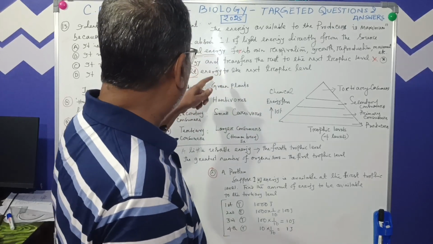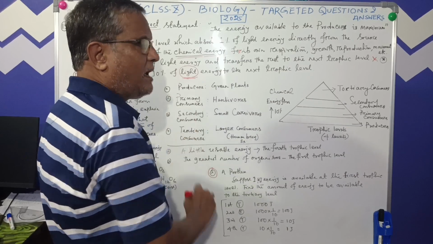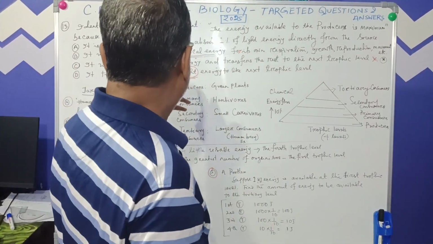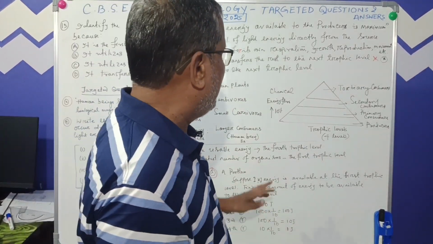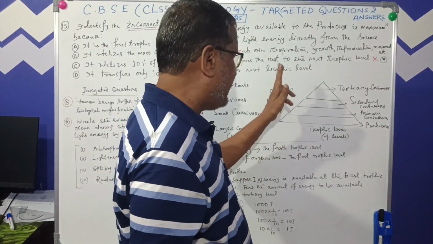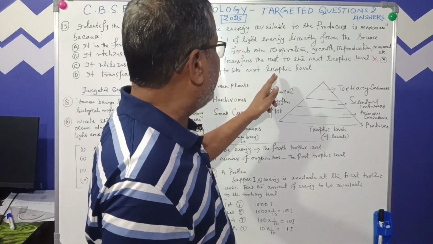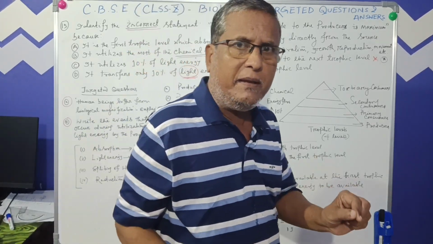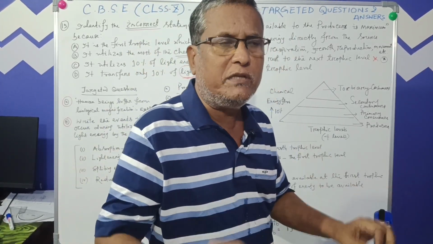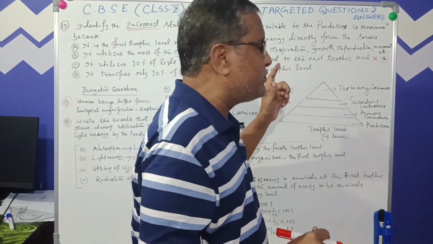It is clearly mentioned, so the two lines are contradictory because of this word only. It should have been 10% of chemical energy or simply energy. And here we have mentioned the flow of chemical energy to the next trophic level. You see, one word may change the direction of the question.